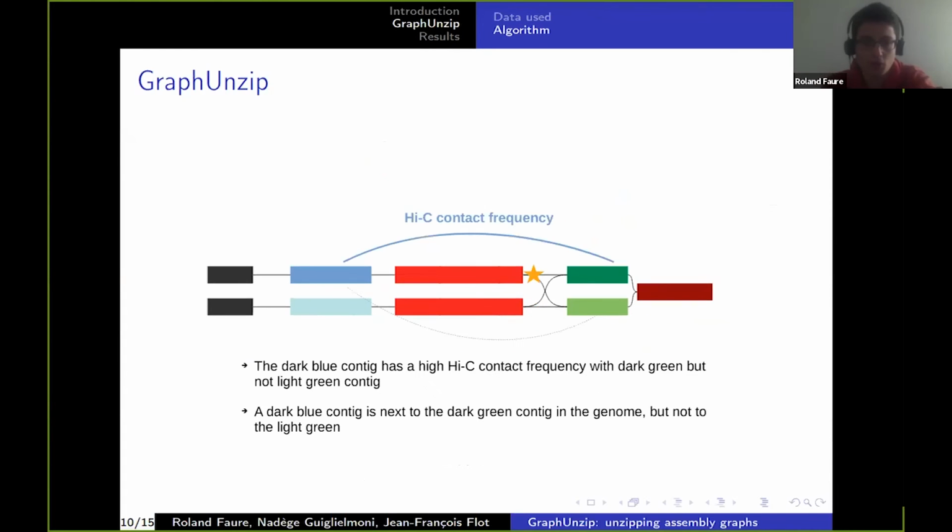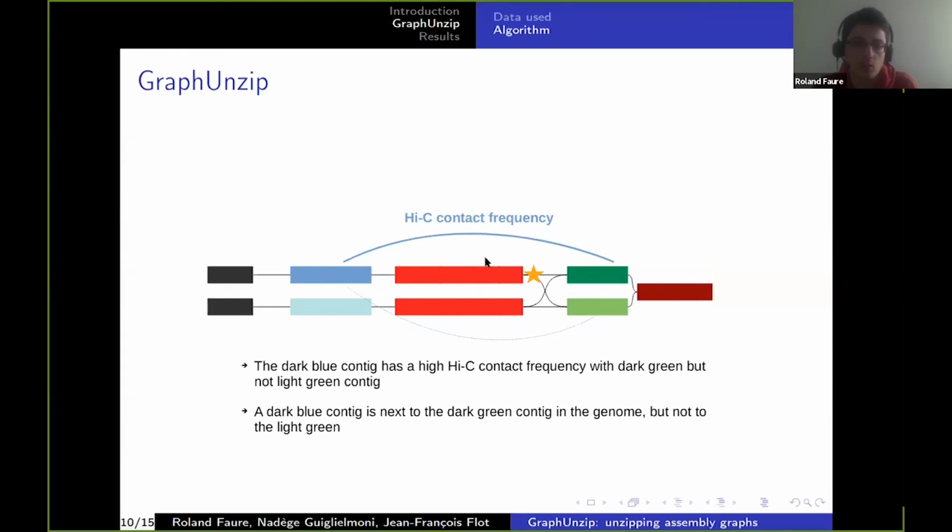Yes, thank you, this is a very interesting question. At this step of GraphUnzip, you noticed that I compared the blue and the green contigs. That's because GraphUnzip remembers which contigs were duplicated, in this case the red contigs, and does not use them to compare the strength of the Hi-C contact frequency, because you can see that the light green contig is next to a red contig in the actual genome, so it would have very strong Hi-C contact frequency with the red contig.